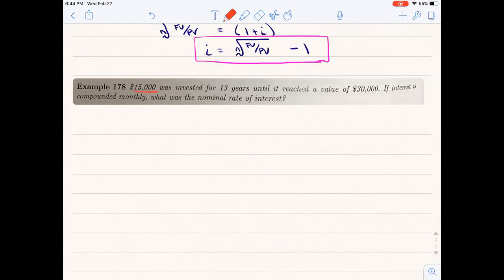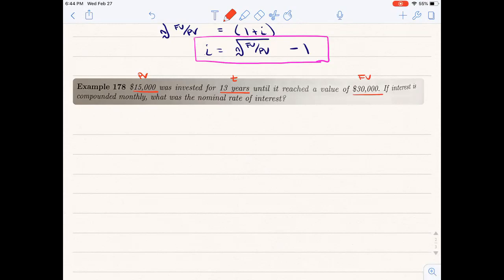I'm just going to jot down what every little thing is before I make my timeline. You could just start with the timeline, but sometimes it's nice to break it down. 13 years, that's T. And the future value is 30,000.